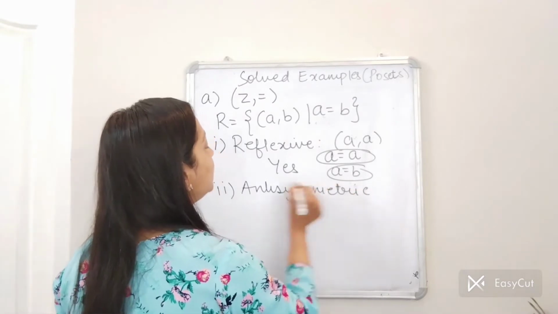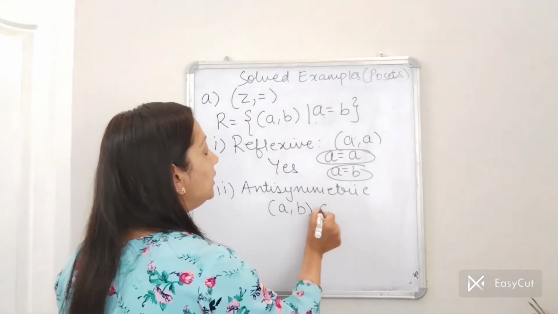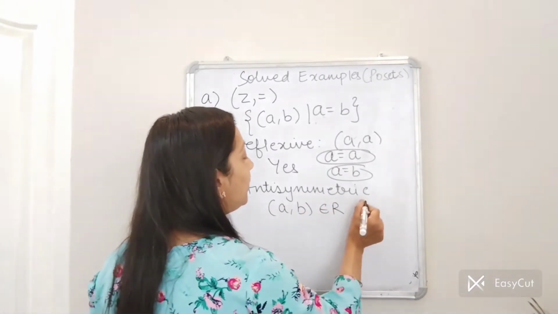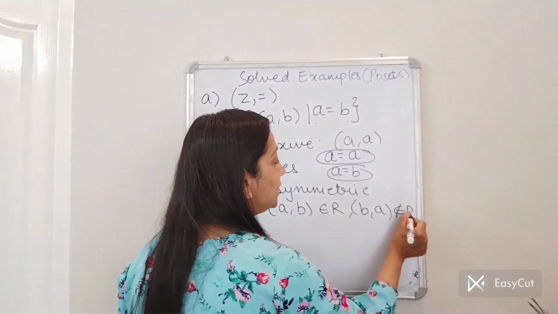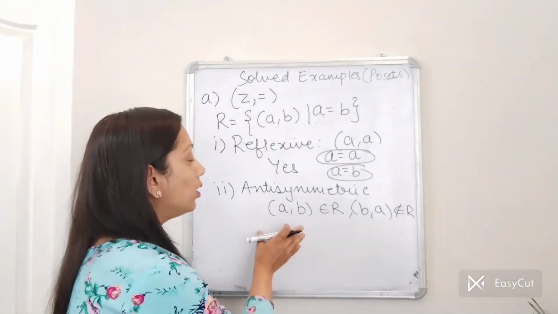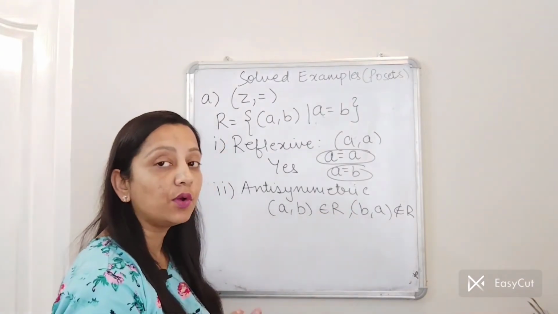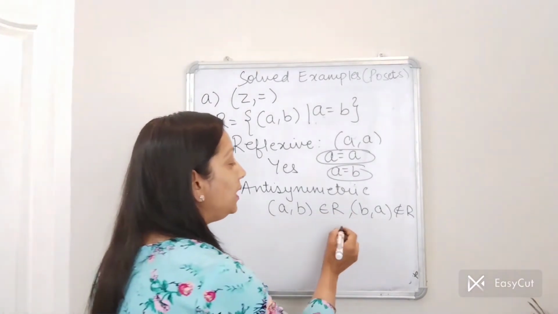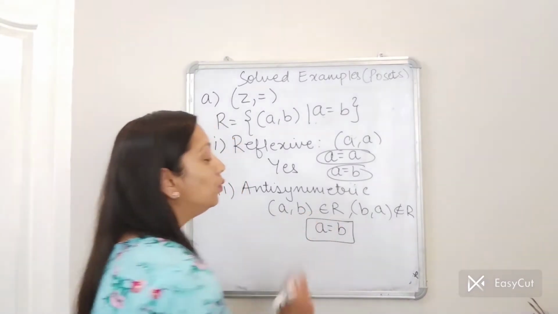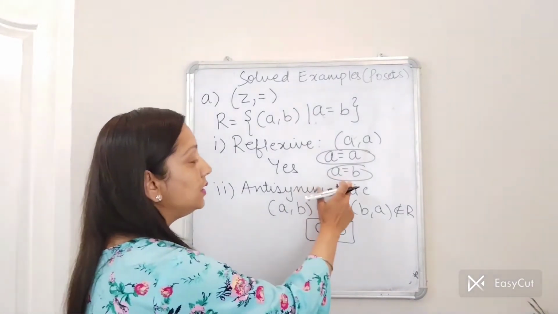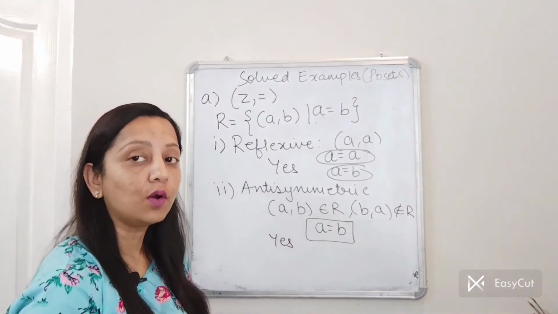To be anti-symmetric, if an ordered pair AB exists in the relation and the ordered pair BA also exists in the relation, then A must be equal to B. Here A equals B, hence yes, it is anti-symmetric also.